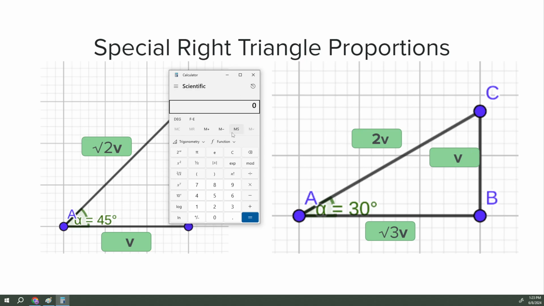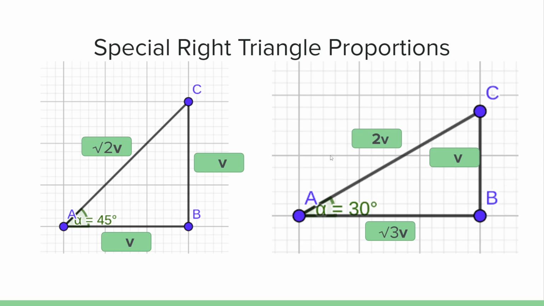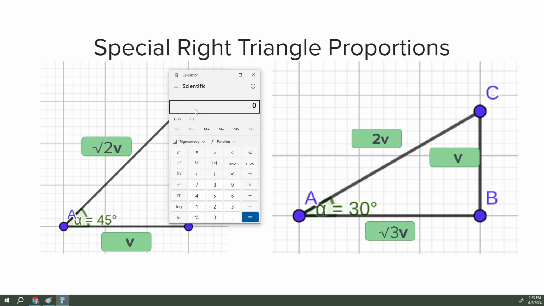Right. So let's say V is 5. To get the other side, it will be 5 divided by the sine of 30.